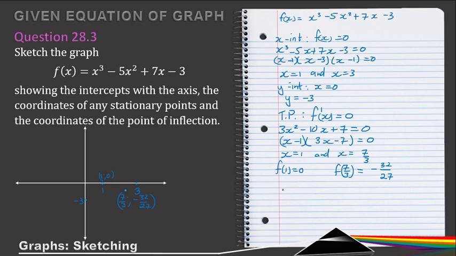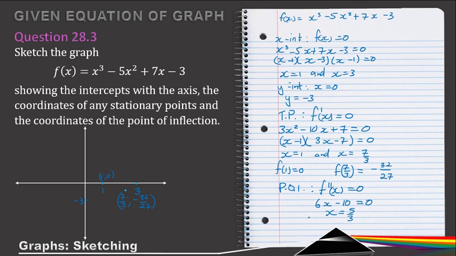Then we need the point of inflection, and that we get by setting the second derivative equal to 0, and the second derivative is 6x minus 10. Then equal it to 0. So x is then equal to 5 over 6, or yeah, I think that's 5 over 3.